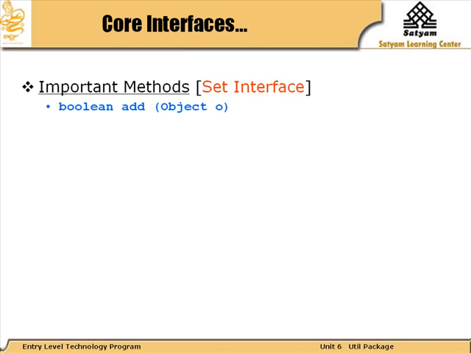Here are a few important methods of set and sorted set. Boolean add returns true if the specified object was not already present, else returns false. Void clear removes all objects from a given set. Boolean contains returns true if the specified object is present in a given set.